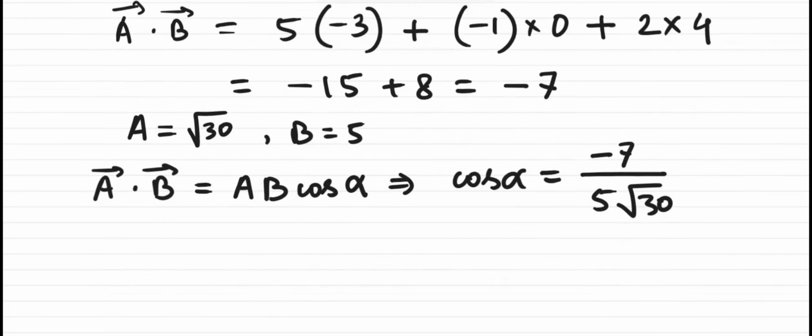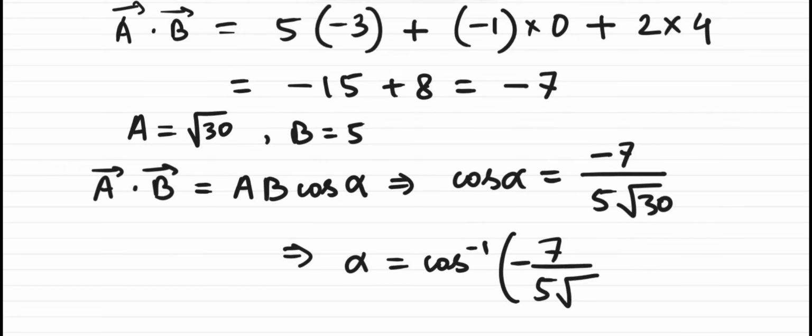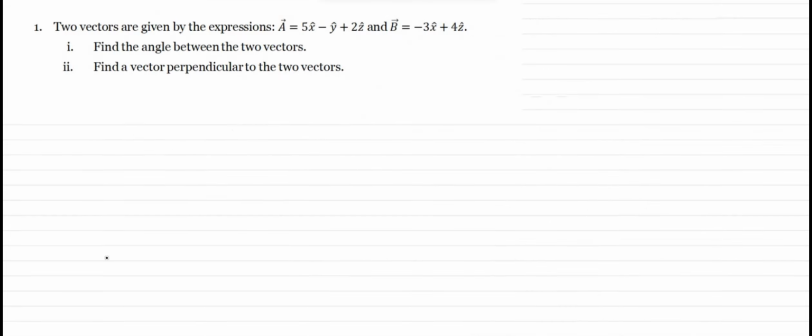And so the angle between them is alpha equals cosine inverse of negative 7 divided by 5 root 30, which is approximately 105 degrees. So that was the first part of the problem.